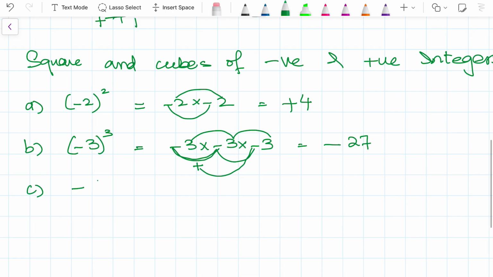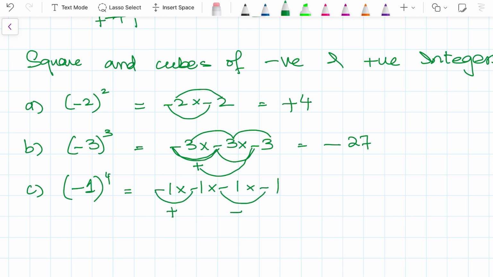C. Minus 1 to the power 4. 4 means it is multiplied 4 times. Minus minus is a plus. Minus minus is a plus. So plus plus is a plus.